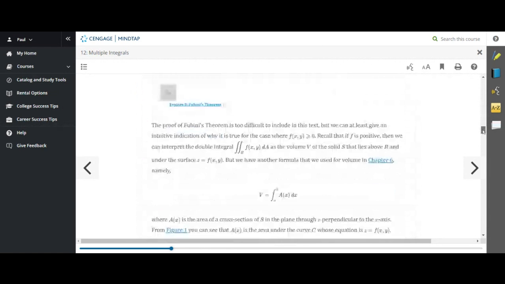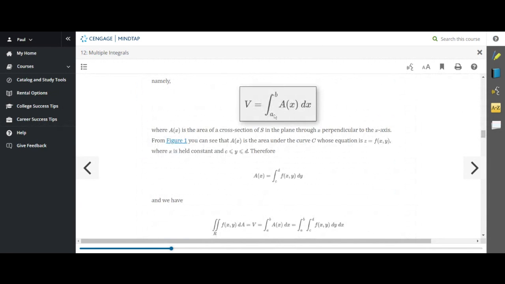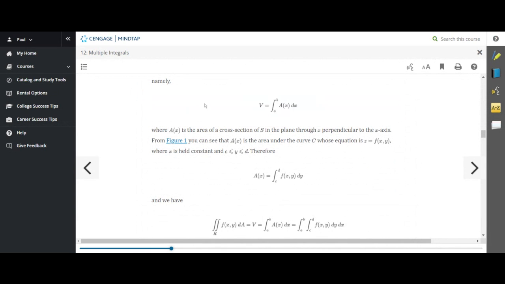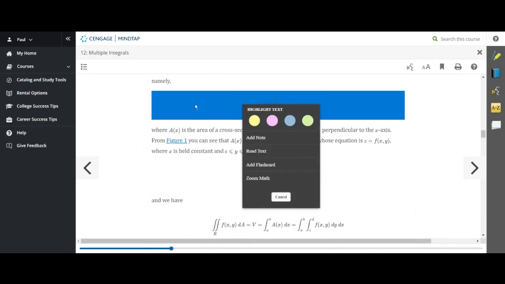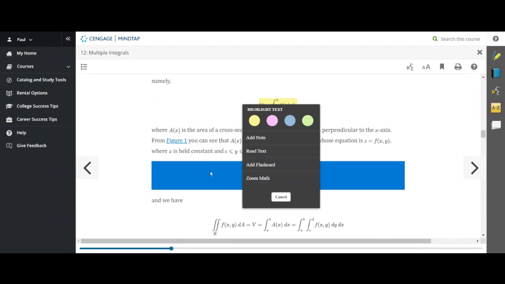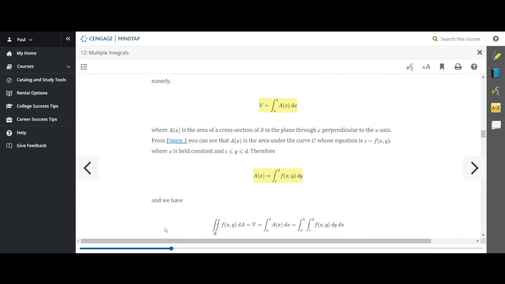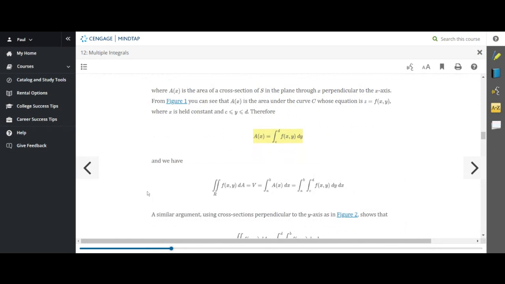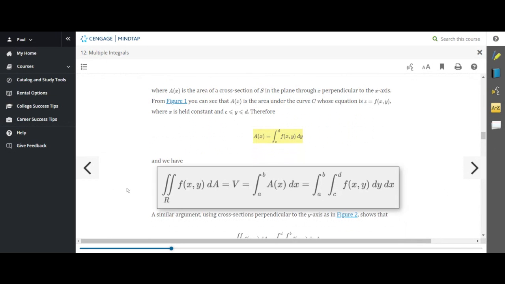Is this? No, no, no. This is what I want. Hold on. I just want to highlight these three formulas. I'm getting better at this. You got to move the... Well, all right.